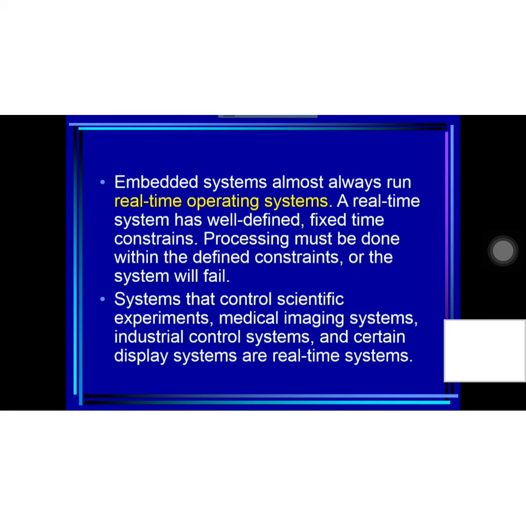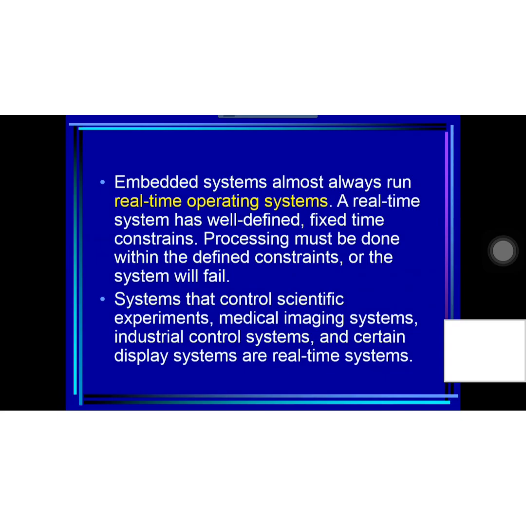Embedded systems almost always run real-time operating systems. A real-time system is used when rigid time requirements have been placed on the operation of a processor or the flow of data. Thus, it is often used as a control device in a dedicated application.